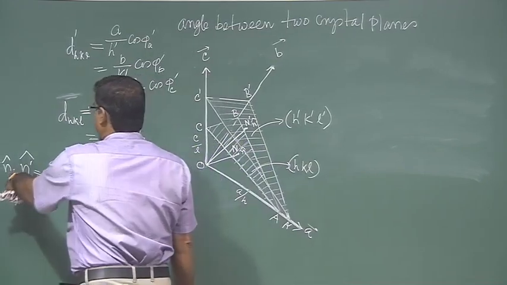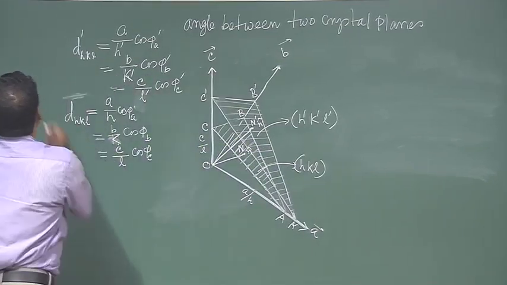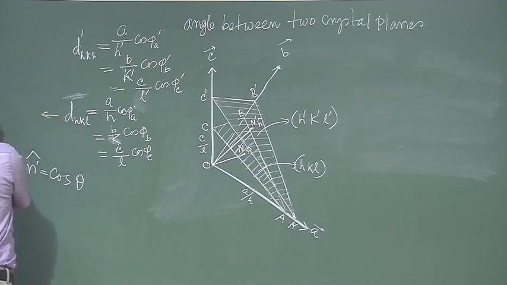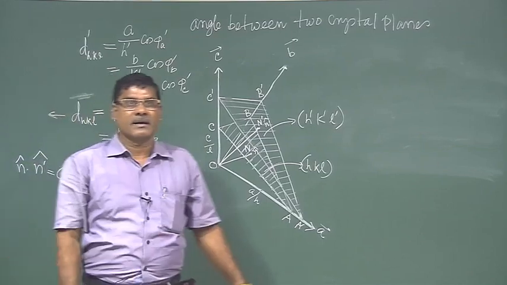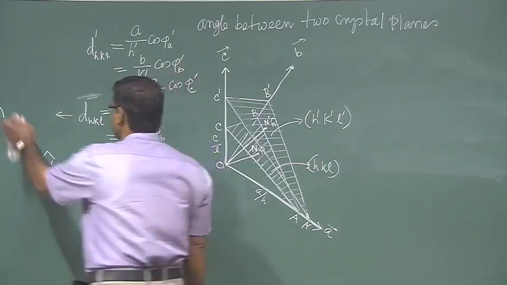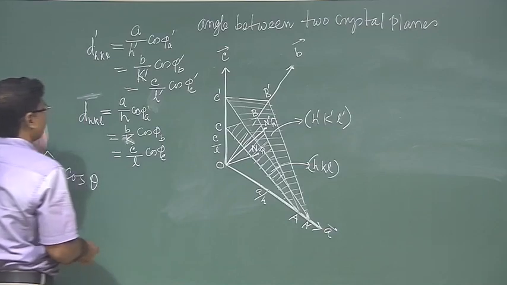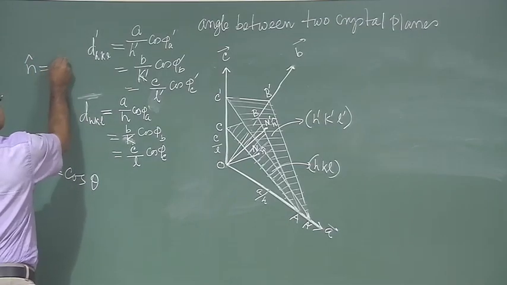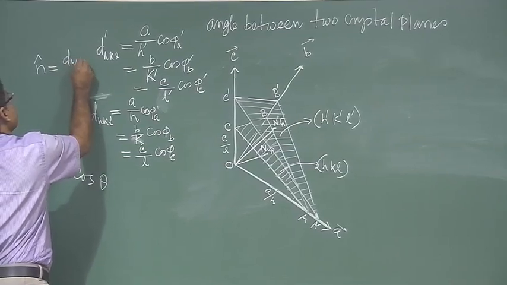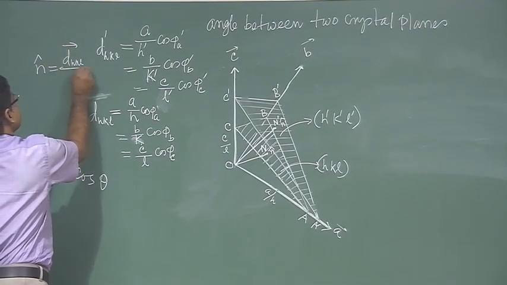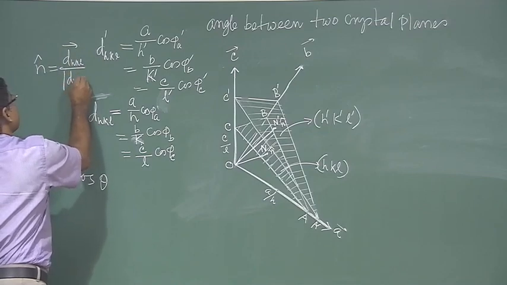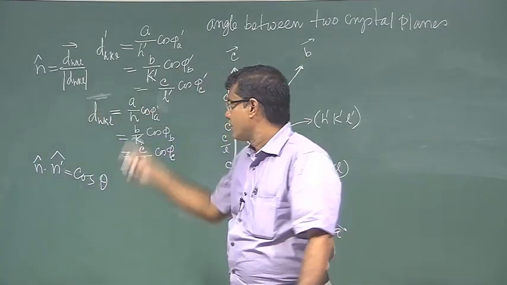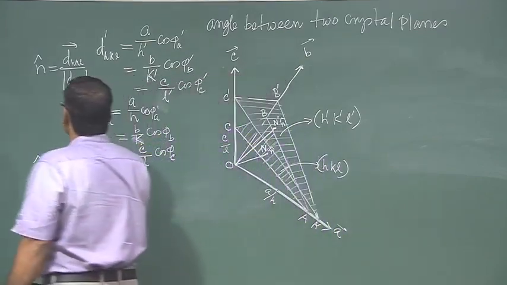So, for n, I can write the unit vector. That is basically the d H K L vector divided by the magnitude of this one, right. That is how we define the unit vector.